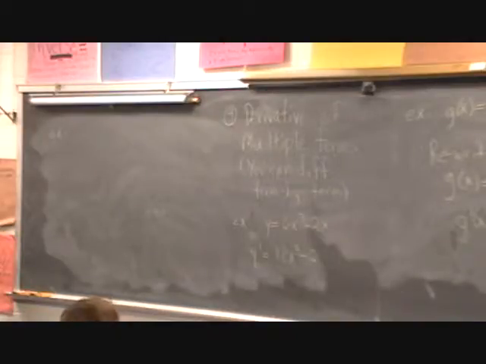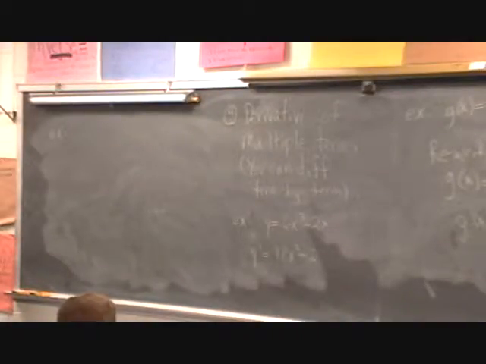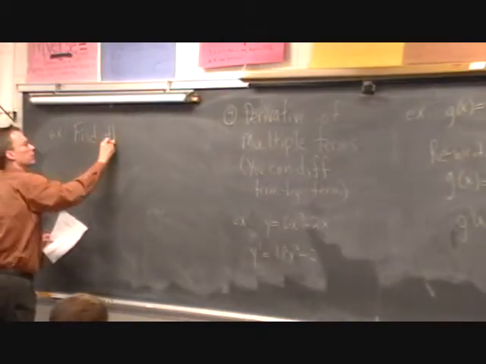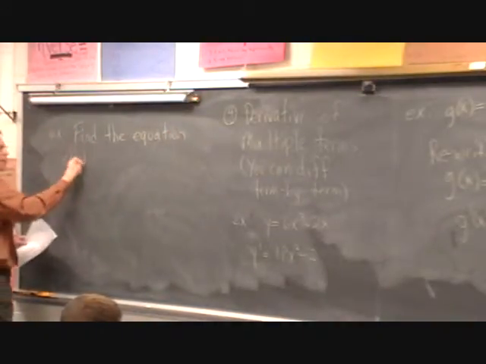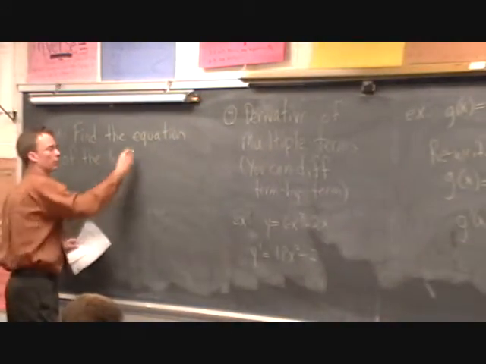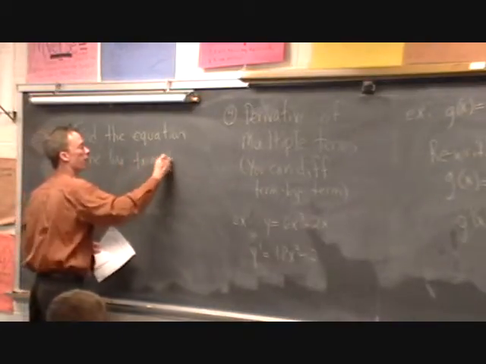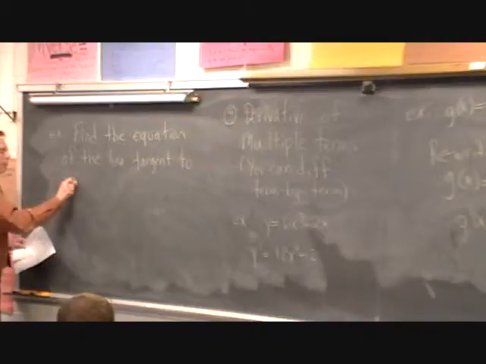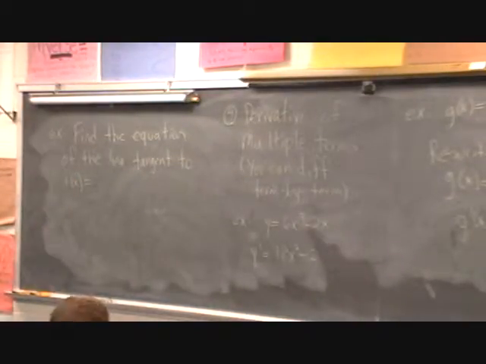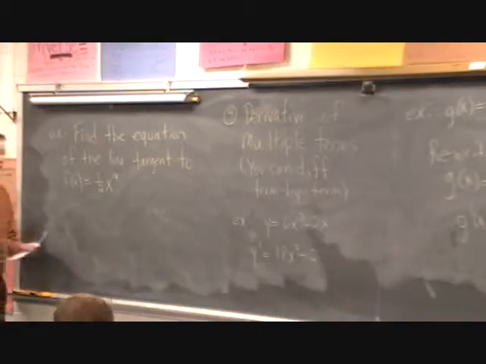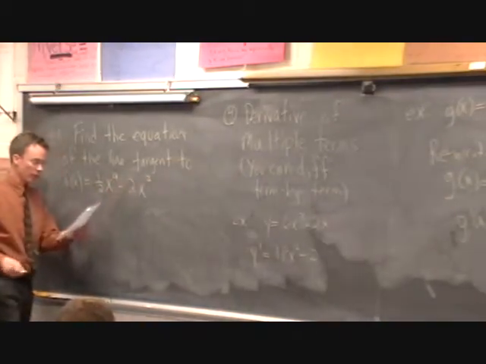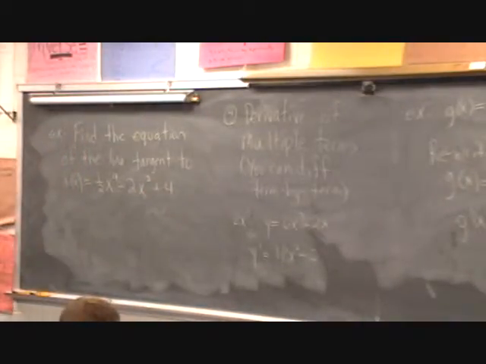We want to find the equation of the line tangent to f of x equals 1/2 x to the 4th minus 2x cubed plus 4 when x equals 2.